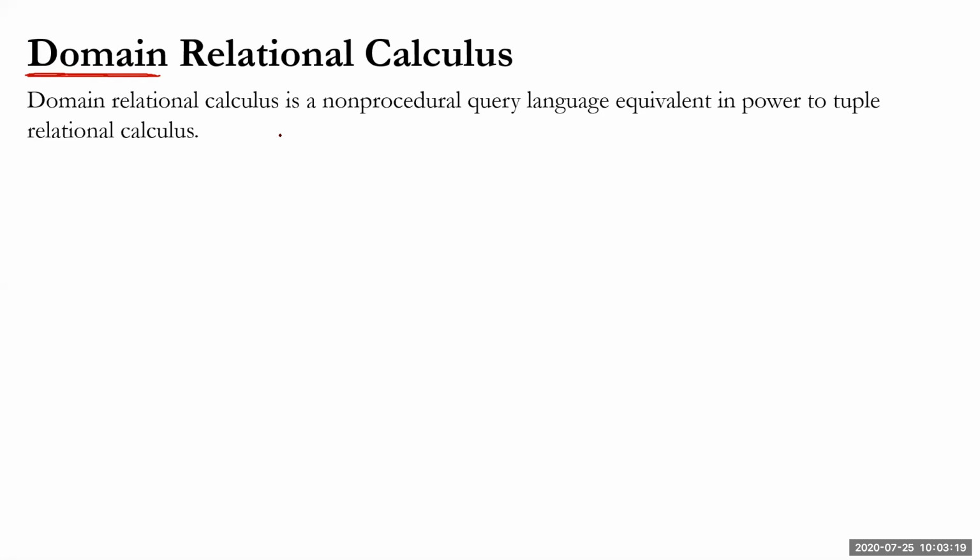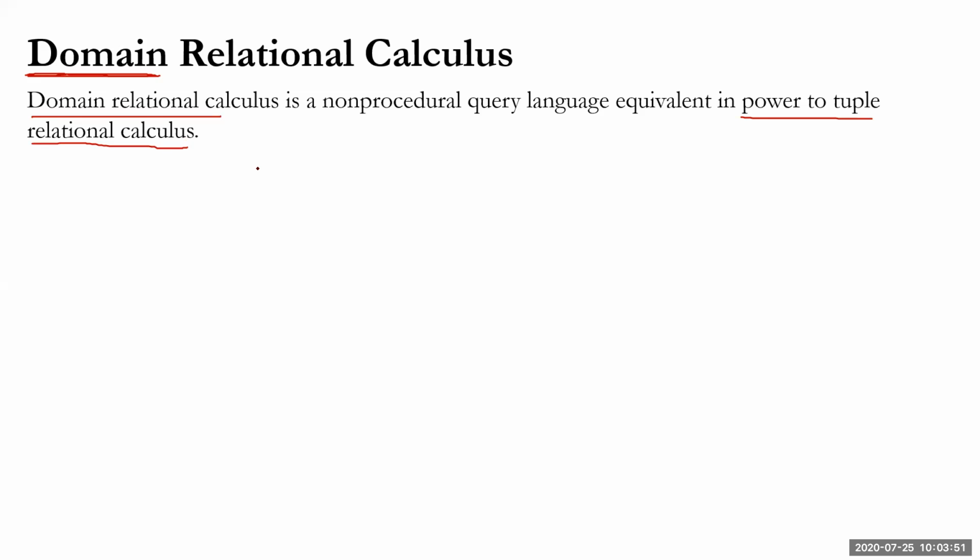As we said in the previous class, domain relational calculus is always concentrated on attributes, and it is just like tuple relational calculus. There is no difference at all. In tuple relational calculus, all variables you specify are considered as tuples. The entire row is represented by that variable.